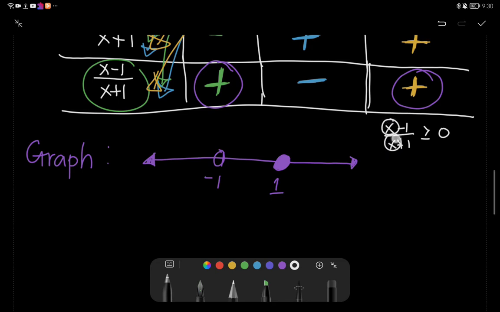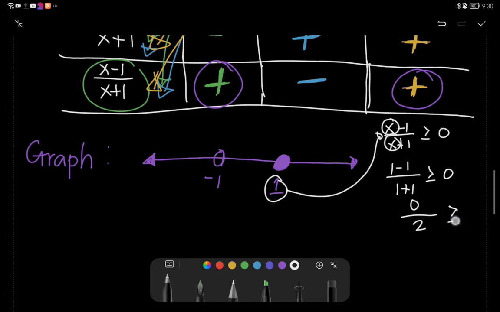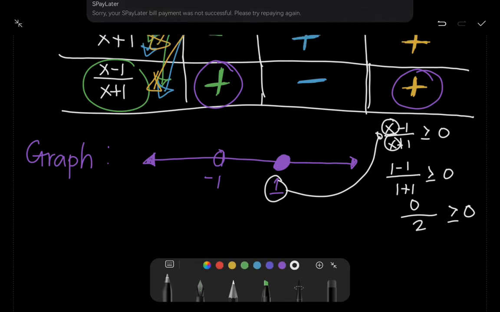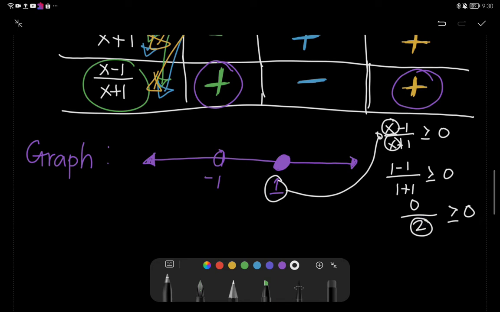Ato ang isubstitute si +1, mahimo siyang 1 minus 1 over 1 plus 1 is greater than or equal to 0. 1 minus 1, that is 0 over 2, greater than or equal to 0. So, dili undefined. Undefined lang ang usa ka fraction kung ang iyahang denominator kana kung mabali. Kung 2 divided by 0, that is undefined.